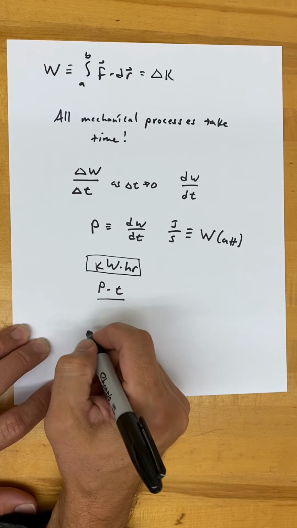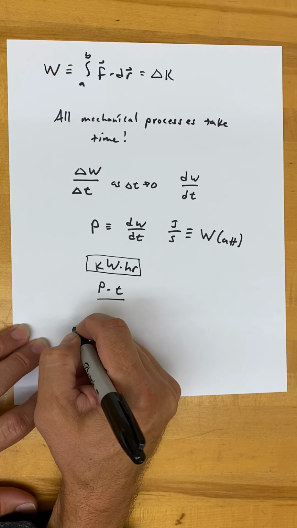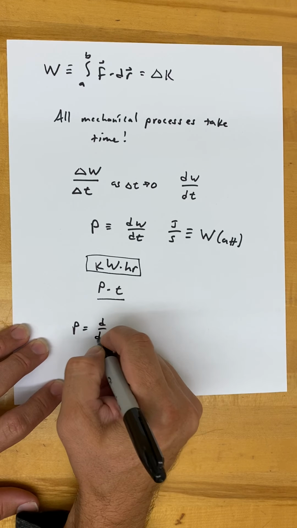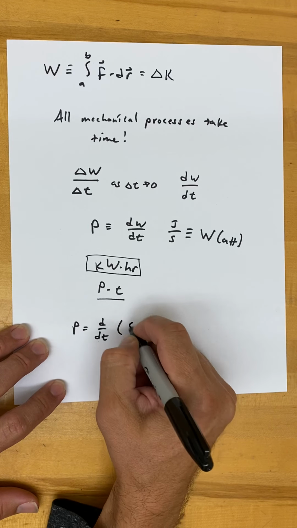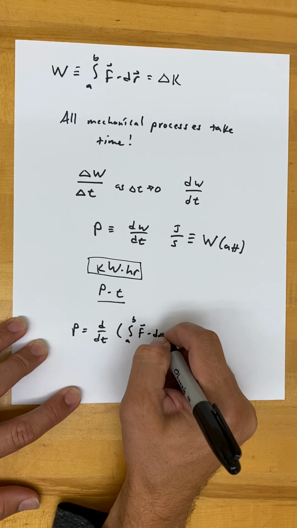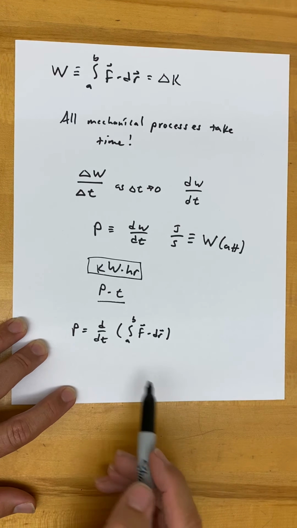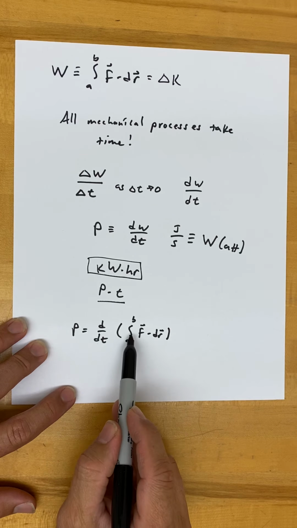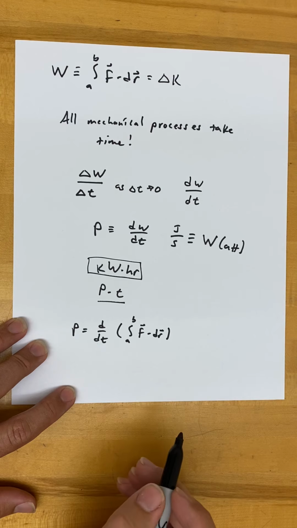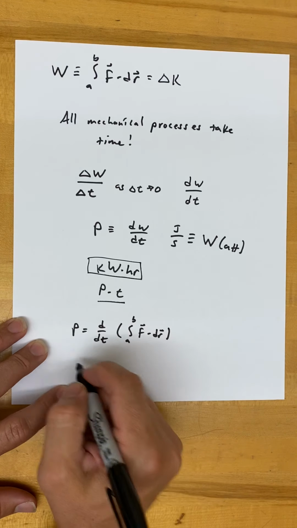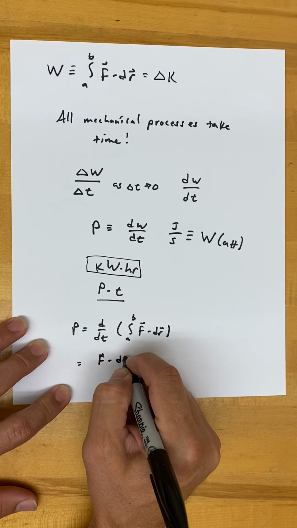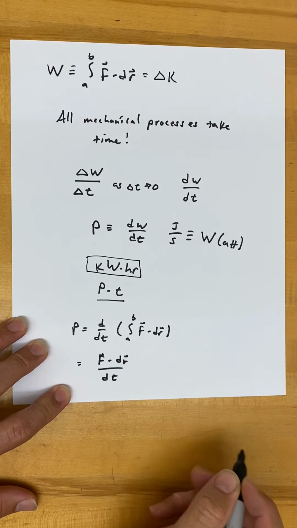Well, I can say this: power is equal to d dt of the integral from a to b of F dot dr, right? Well, the derivative of an integral is just the integrand. So what I can do here is form F dot dr dt.